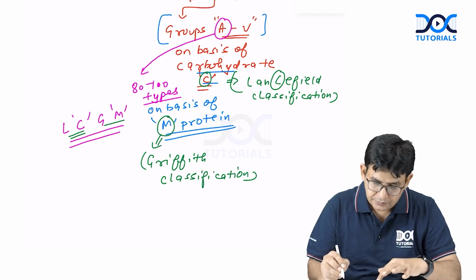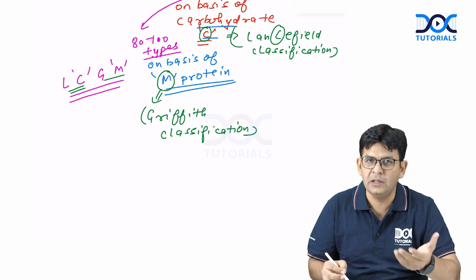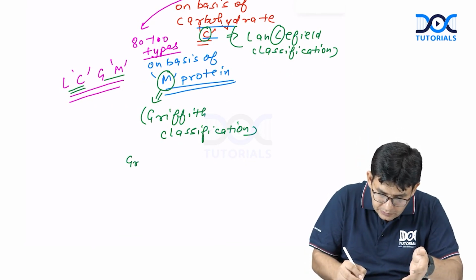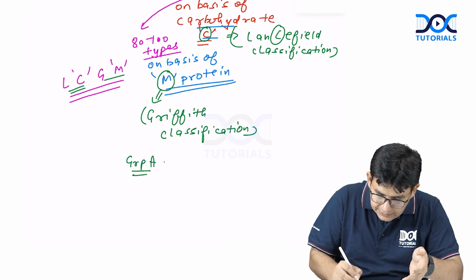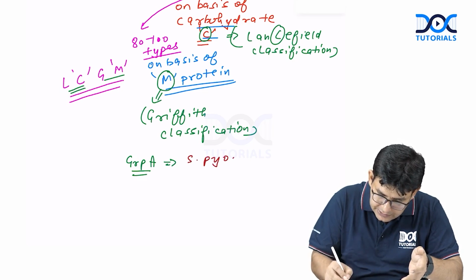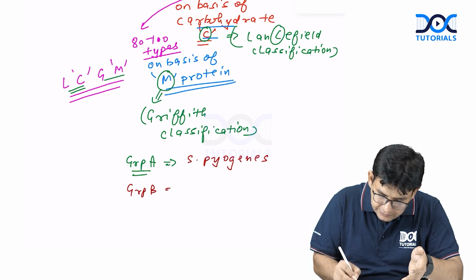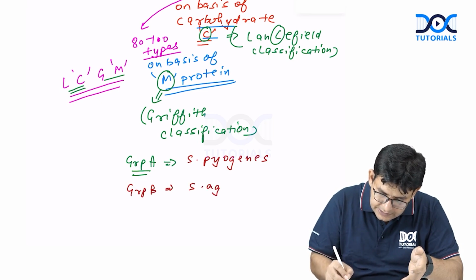Is it fine? Now, for these groups A to V, no need to remember all the names. What you need to know is what is there in group A. In group A, we have Streptococcus pyogenes. In group B, what we have? We have Streptococcus agalactiae.